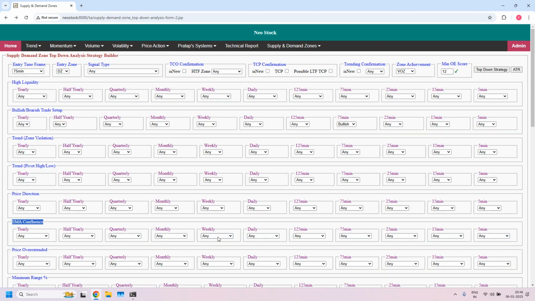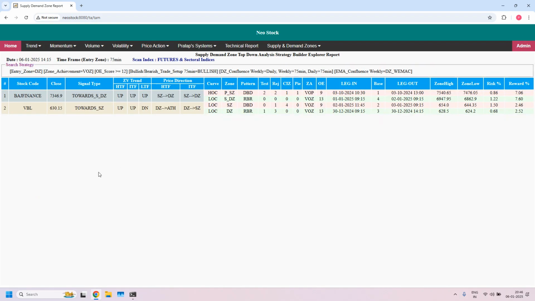In the EMA confluence, weekly time frame, weekly demand zone having weekly EMA confluence. With this filter, we got 2 stocks. So these 2 are even more high probability trade setup supported stocks because both are having an HTF trend as uptrend. So this is about bullish trade setup, weekly income trade.